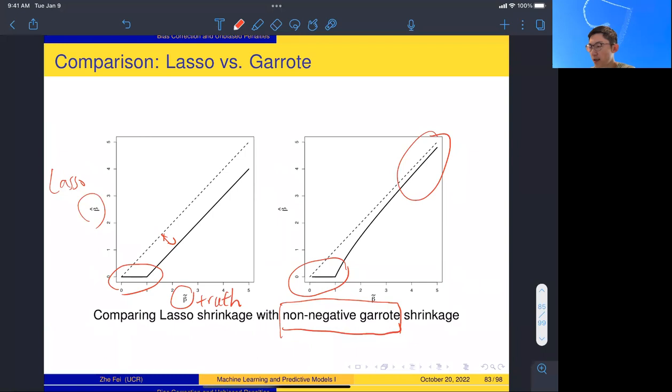That's the idea behind it. We want the estimate to be closer to the truth as you have larger effects. That's the comparison. In other words, it becomes unbiased as beta tilde, the truth, becomes larger.